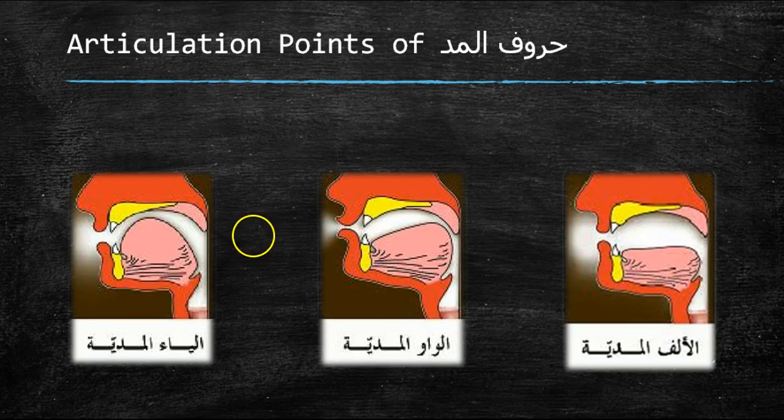Remember the questions? Okay, here for the ya, the airstream comes out of the lungs, and it flows in the cylinder of the throat and the mouth. It doesn't have a specific articulation point, and the tongue will be raised to the upper side from the middle, while the lower lip will be declined downwards, making the sound of, for example, ee.